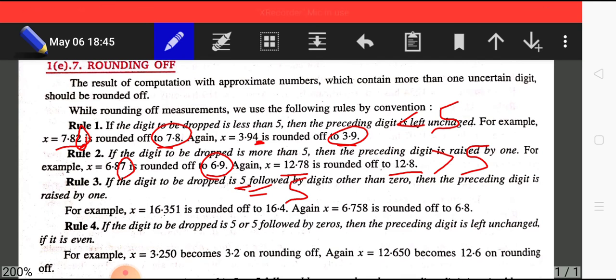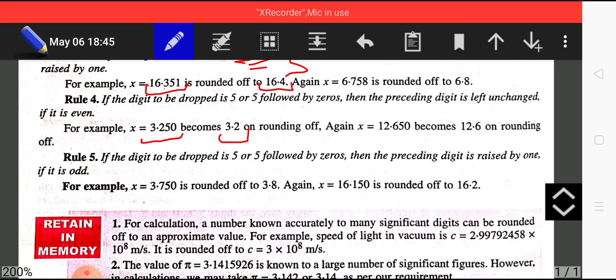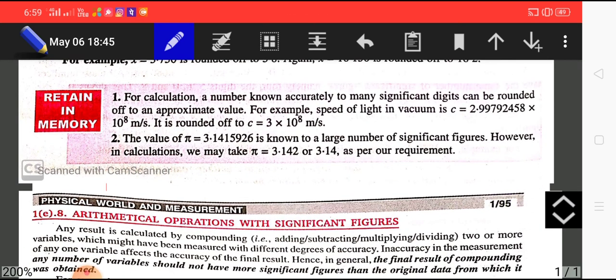If it is odd, we increase it by 1, as in this example 16.351 becomes 16.4 because 3 is odd, and if it is even, then we do not change it, like 3.250 rounded off is 3.2, as 2 is even and the dropped digit is 5, so we have not changed it. If the digit to be dropped is 5 or 5 followed by zeros, then the preceding digit is raised by 1 if it is odd and remains unchanged if it is even.